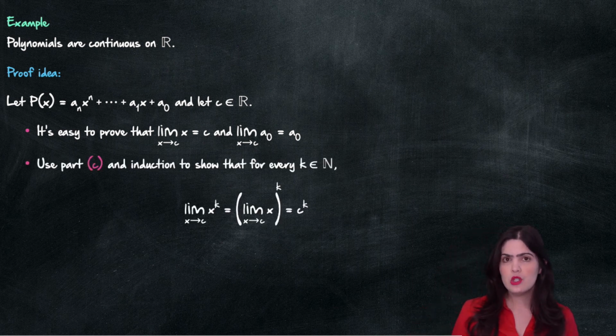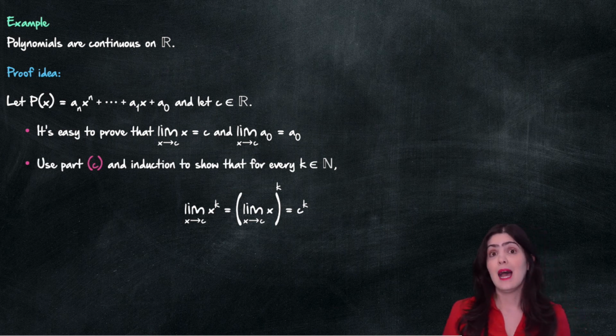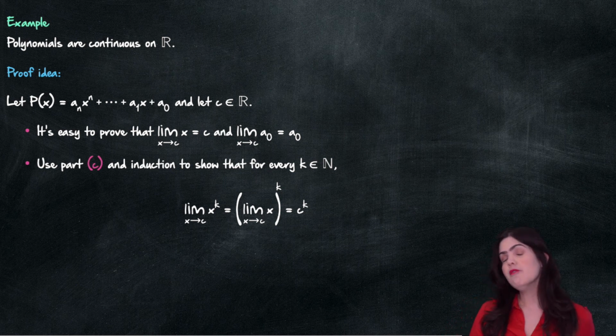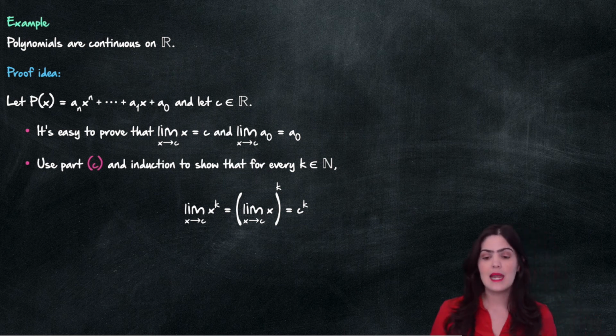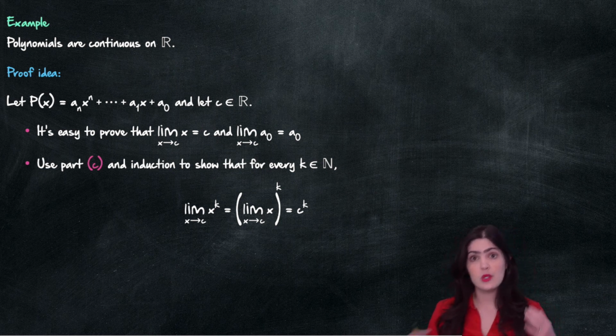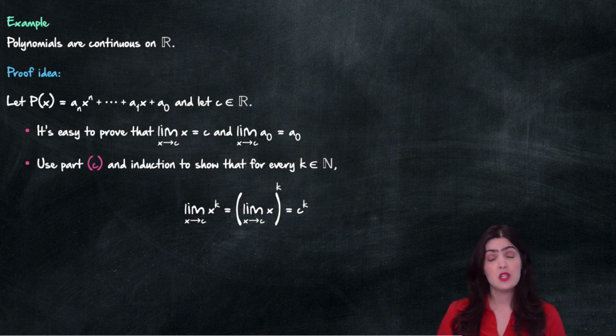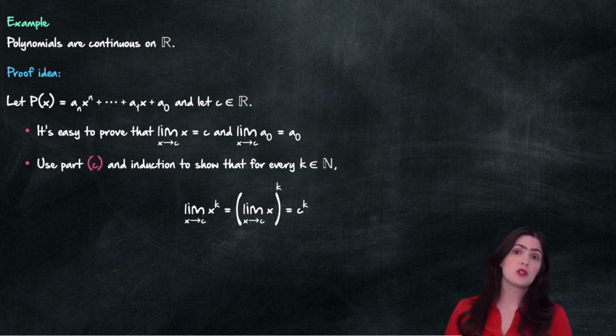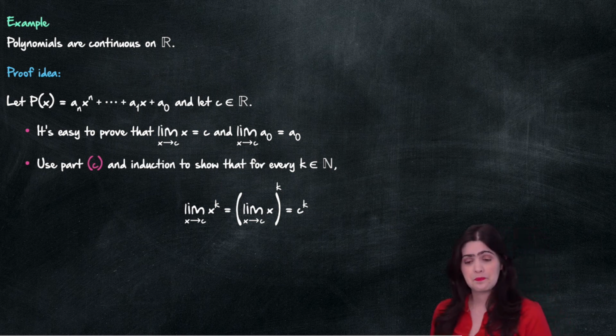Now, if we use part c, the one that tells me that the limit of the product is the product of the limits, and induction, then for any natural number k, the limit as x approaches c of x to the k is equal to the limit as x approaches c of x, all to the k. But this is just c to the k. This induction proof, again, is extremely easy to do, so I invite you to give it a go.